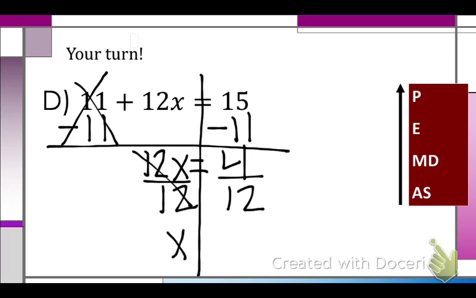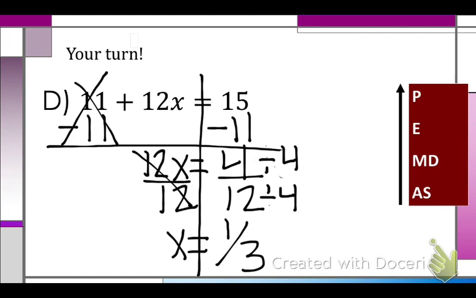Hopefully you realize that that would give you a fraction, and you can simplify that fraction. Divide both terms, or both numbers, by 3. Oh, I'm sorry. No, don't do it by 3. Divide them by 4, how about? And then you get 1 over 3, or 1/3.